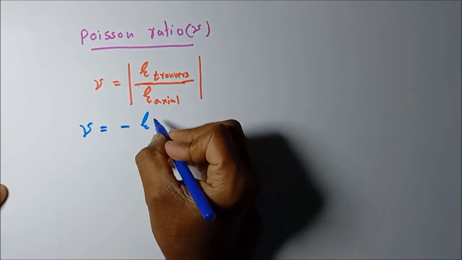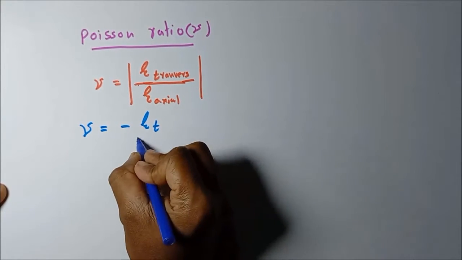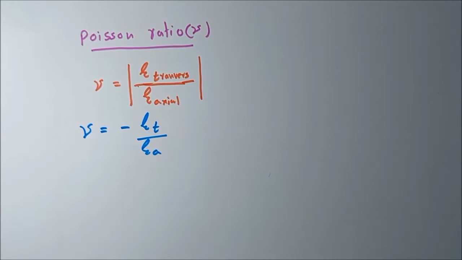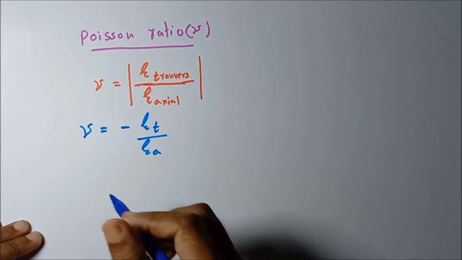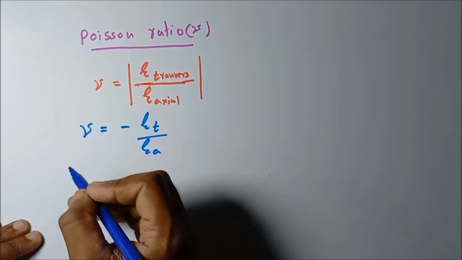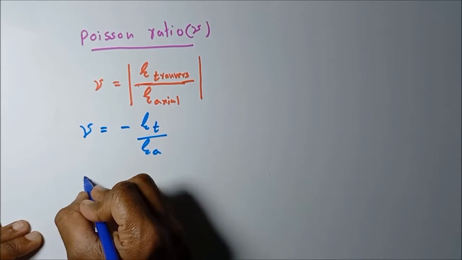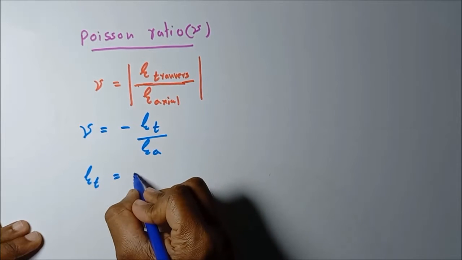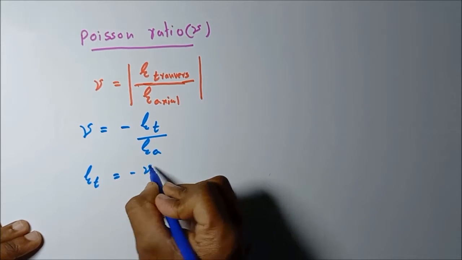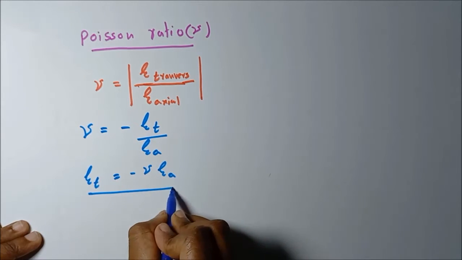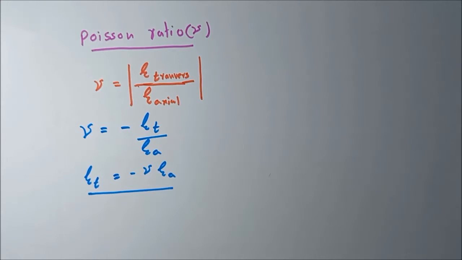So strain in transverse direction divided by strain in axial direction, with the minus sign, gives nu. So we can write: strain in transverse direction is equal to minus nu times strain in axial direction.